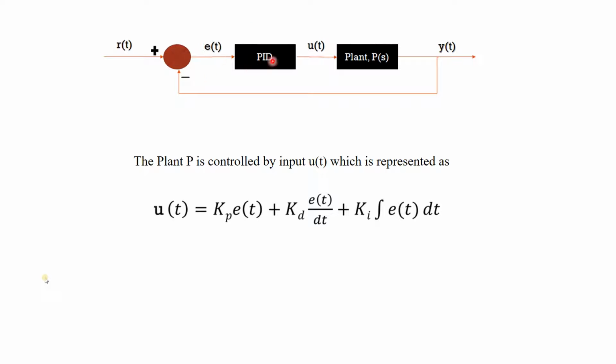What is u(t)? u(t) is the signal coming out of the controller, because the input to the controller is e(t), the error. The error is entering the PID controller. The PID controller will make some necessary changes, and as per the requirement, it will produce the output u(t). So whatever actions the PID controller has taken depends upon the error.